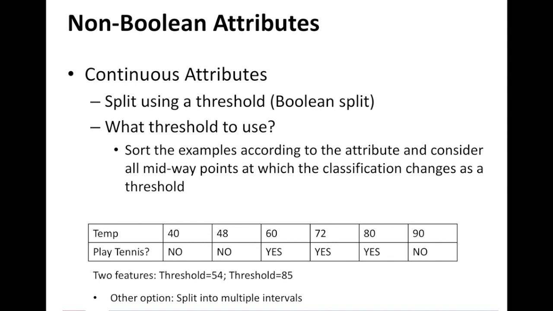Next three are yes, and again no. So now you clearly can see two splits that you have to do, and you can split them at, let's say, some threshold between 48 and 60, and here we have chosen 54. And another one is between 80 and 90, let's say 85, and split on these multiple intervals.